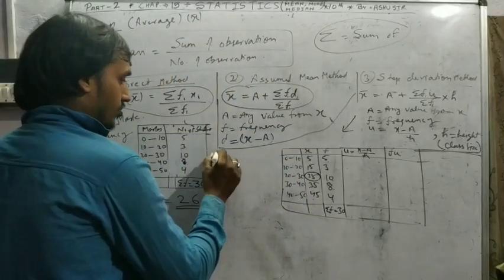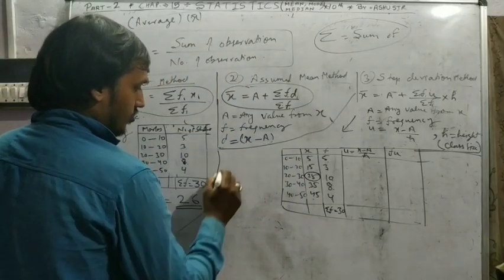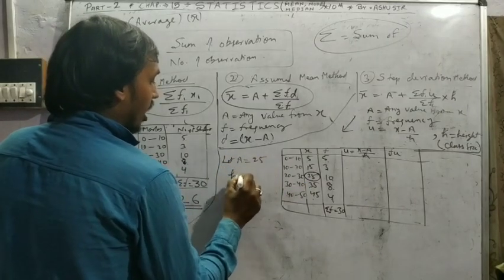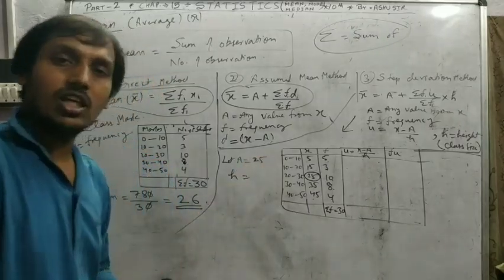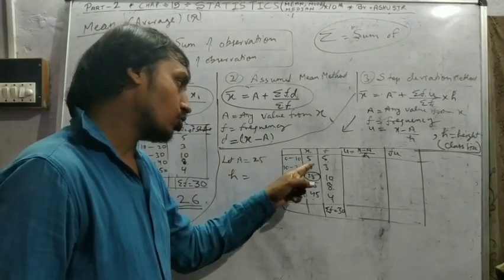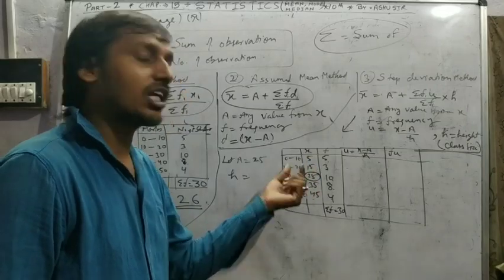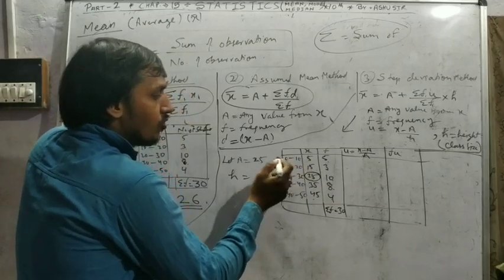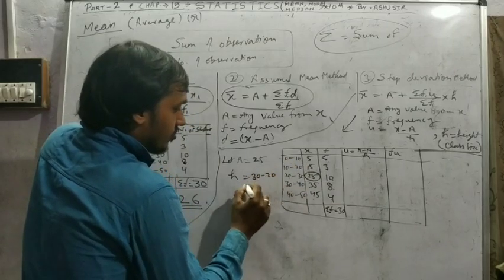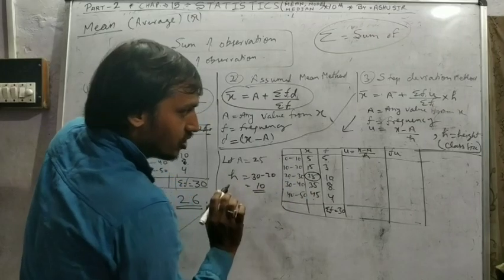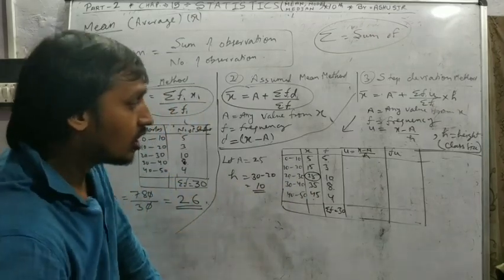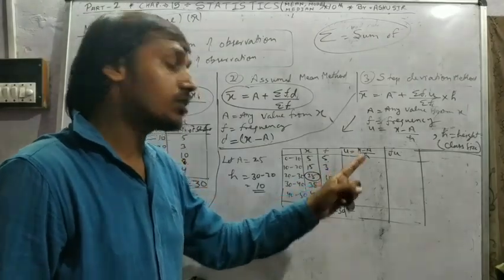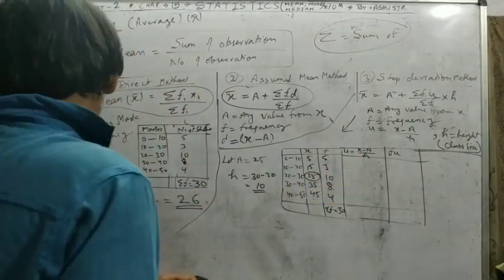Let a be equal to 25, same as before. h is equal to the class size, the difference between any two class marks or the difference between the class intervals. So you can take 20 minus 10, 30 minus 20, as you wish. Then we want the value of u, that is x minus a upon h.